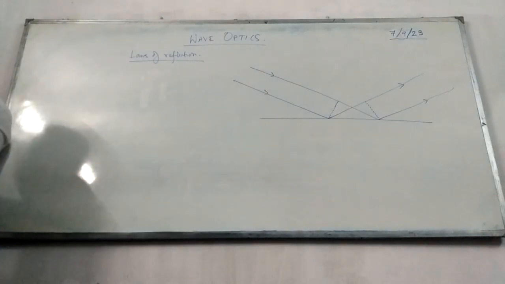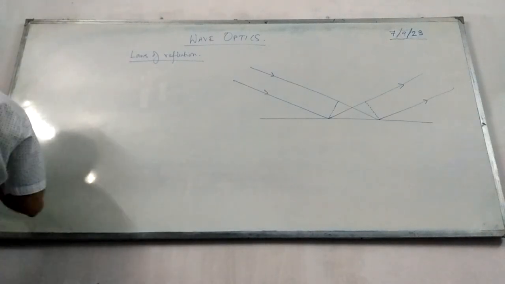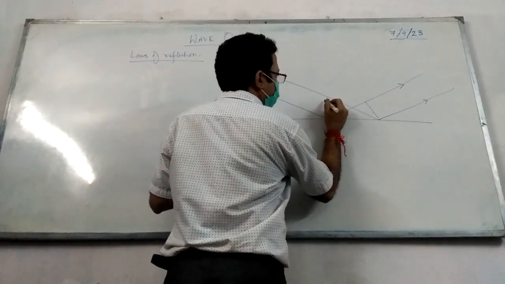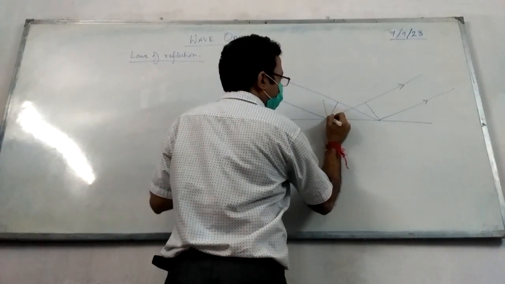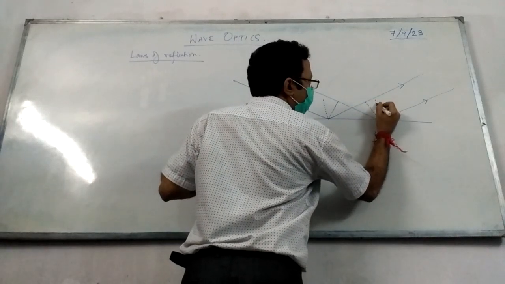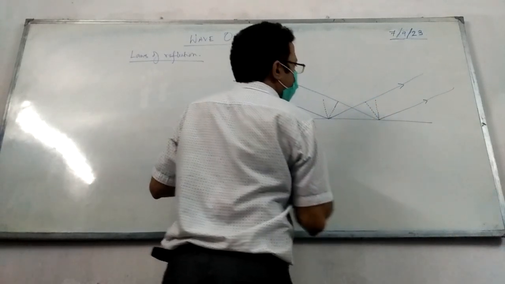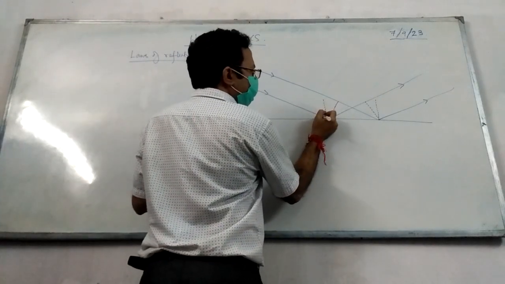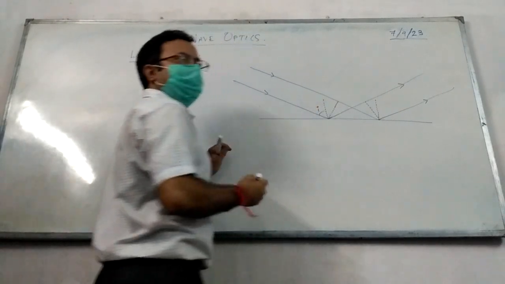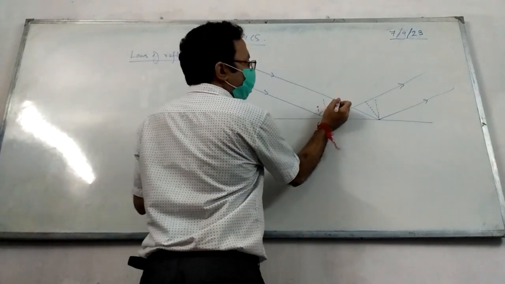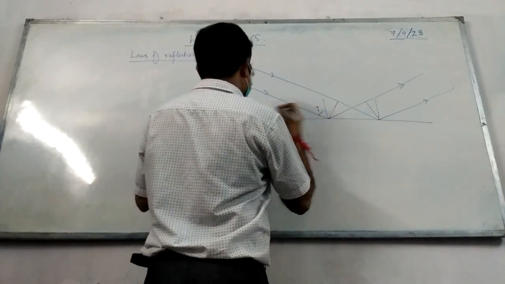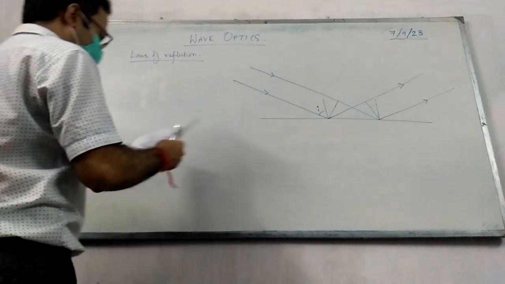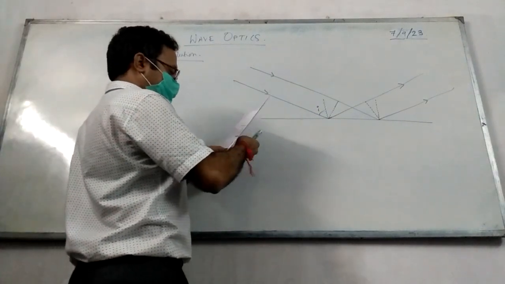Now, at the point of incidence, if we draw the normal, this is the normal over here. This is the angle of incidence, I. And this is the wavefront. Let's mark them up according to the diagram.